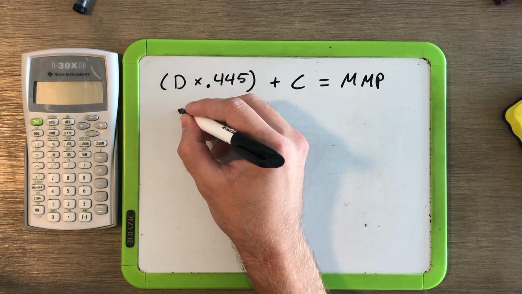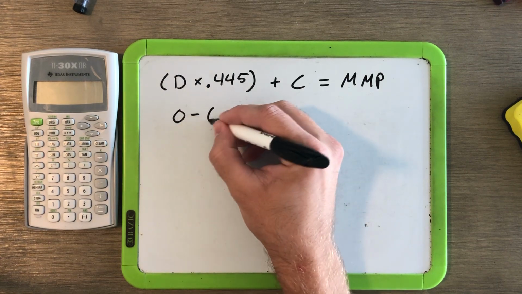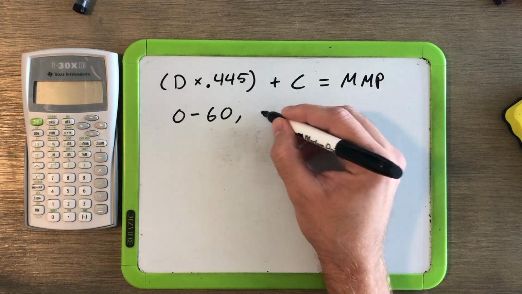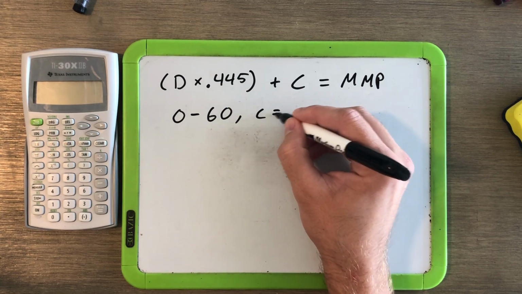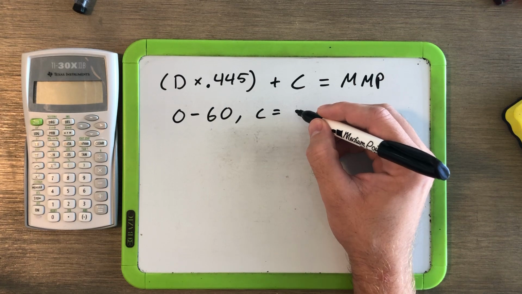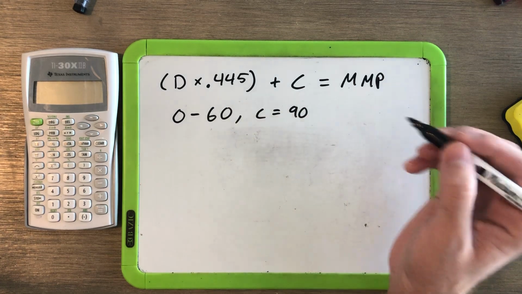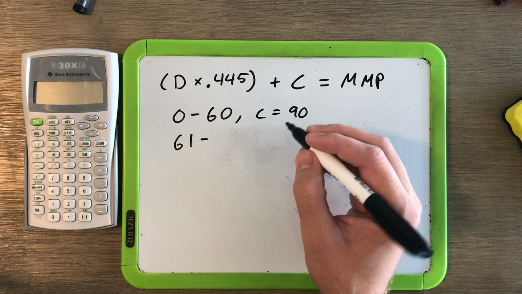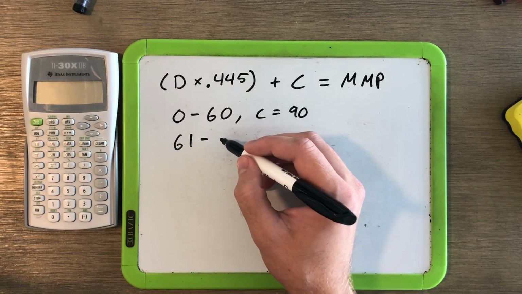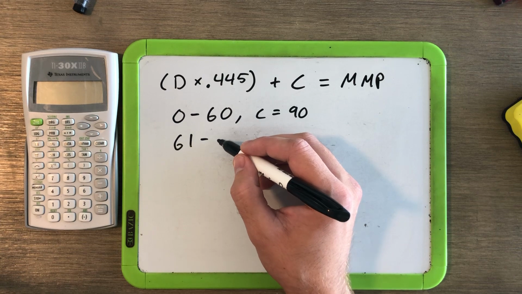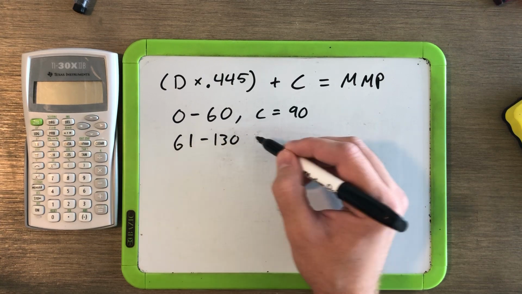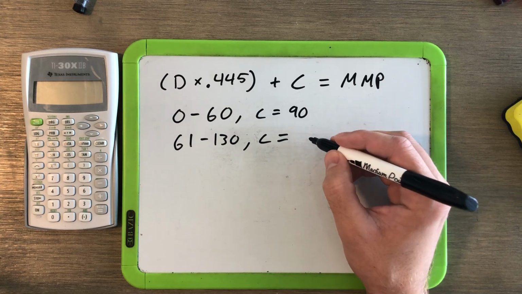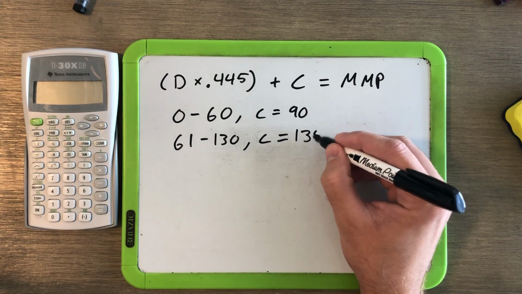So if you're 0 to 60 feet of seawater, then C equals 90. All right? If you're 61 to 130 feet of seawater, then this C is going to be equal to 135.